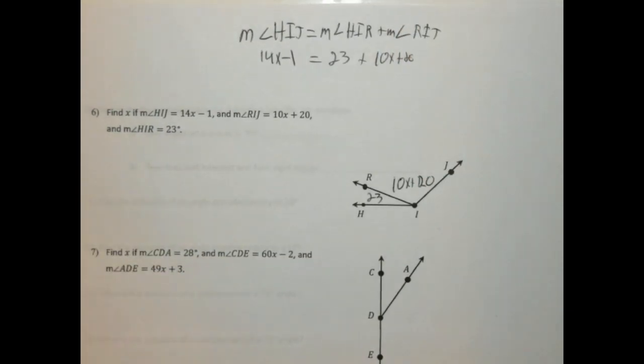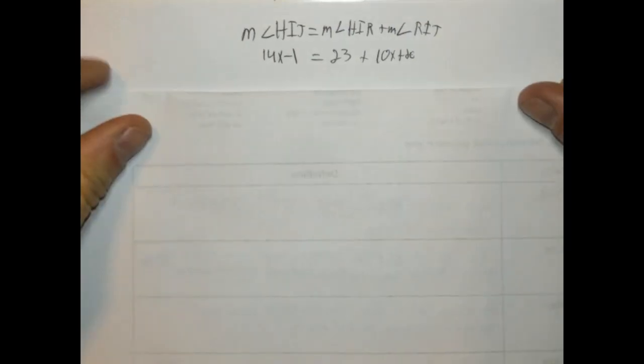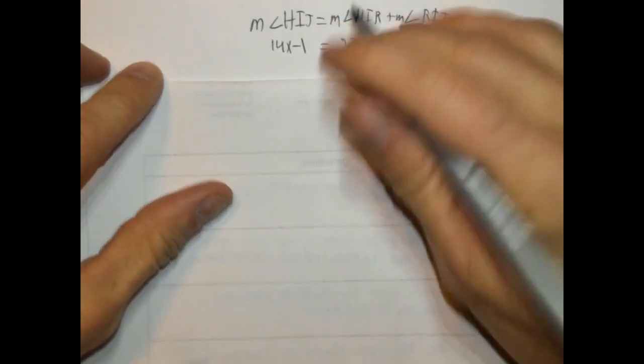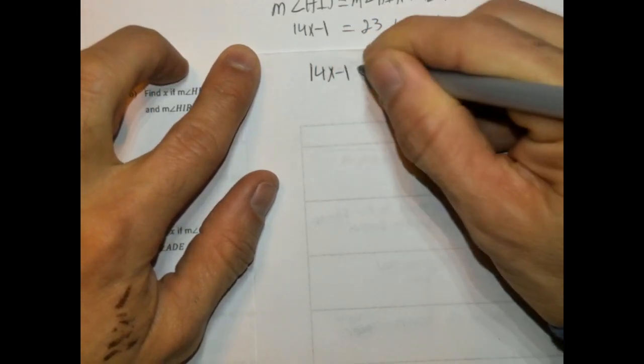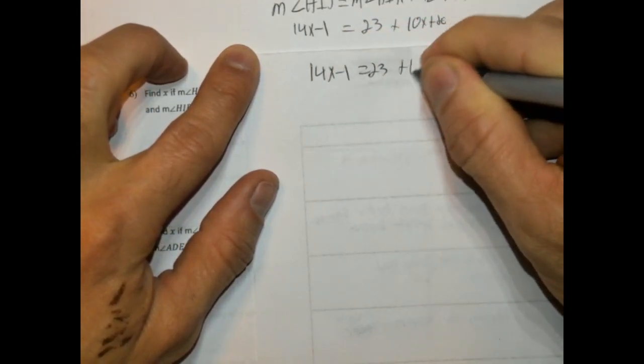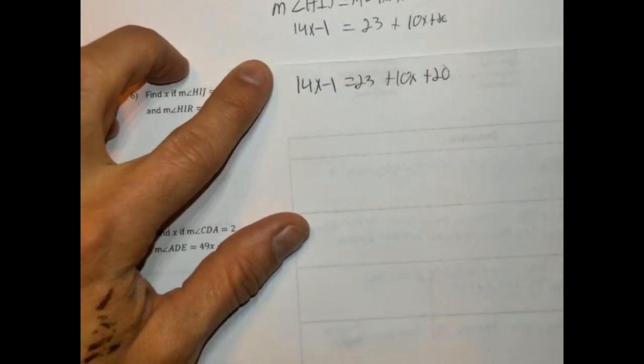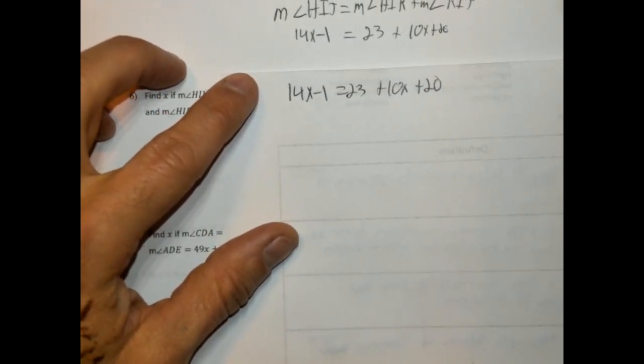I want to write this on another piece of paper because there's just not a lot of room on here. It's 23 plus 10x plus 20. That's where I solve for x.